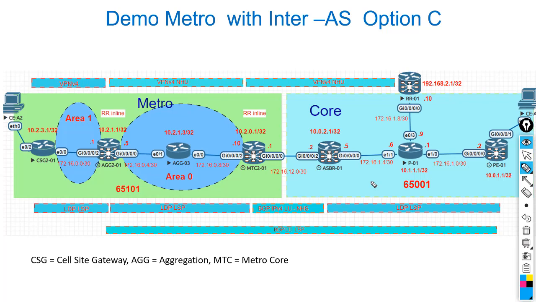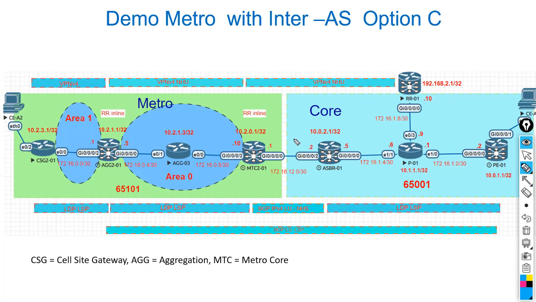On the right side is the IP backbone, including the ASBR, which is the border router connecting to the metro network, P and PE routers, and the route reflector router or RR router.